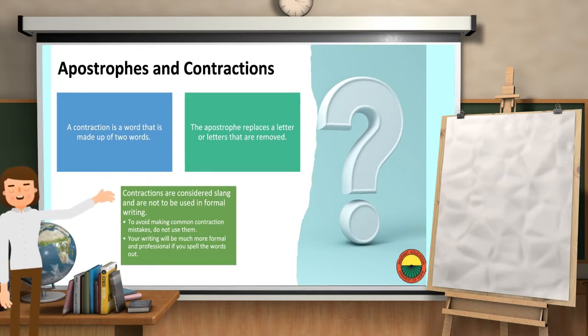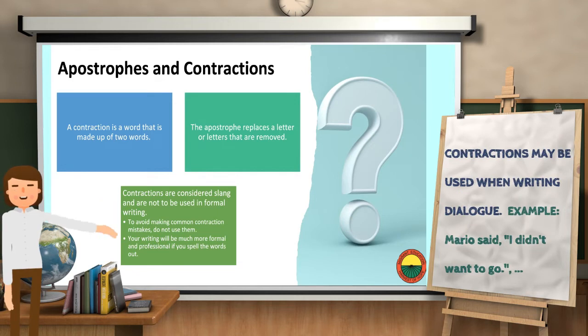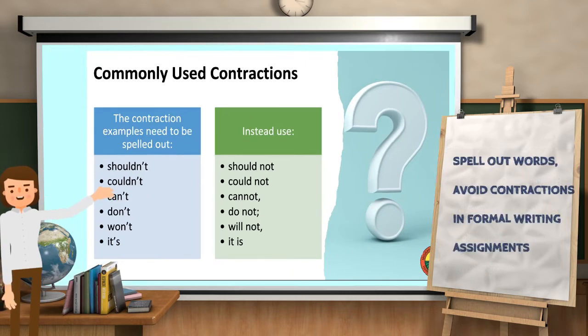The only time you would see contractions is when a student is writing dialogue, and dialogue will be the way we speak. So they could write using contractions in the dialogue, but then the body of the paper would not use contractions.